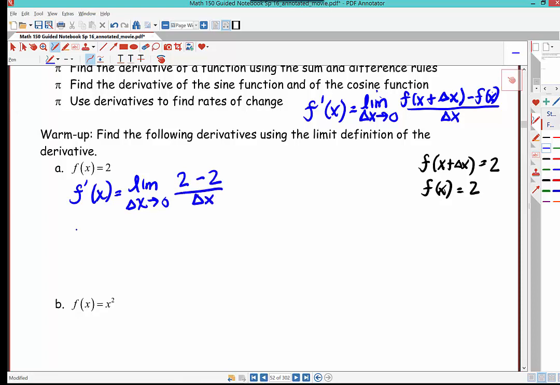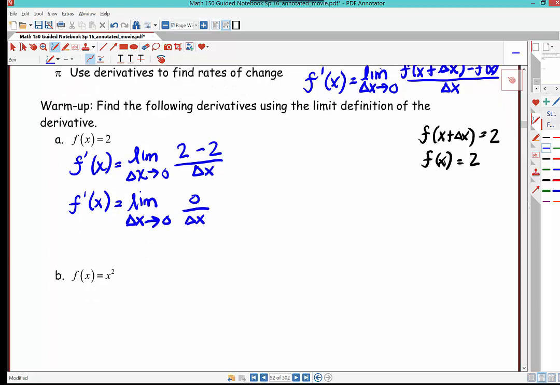Notice that we are not using direct substitution at this point. What is 2 minus 2? Good, it is 0. And 0 divided by anything other than 0 is great, 0.